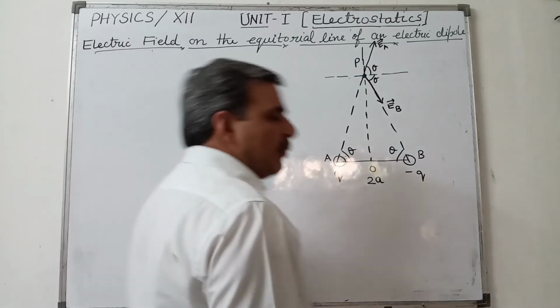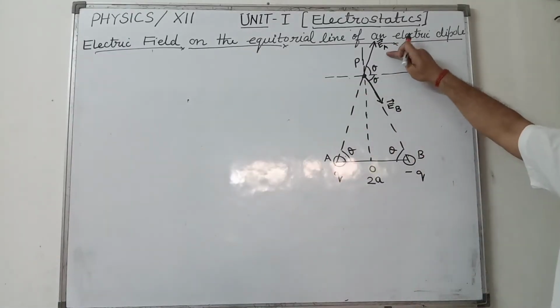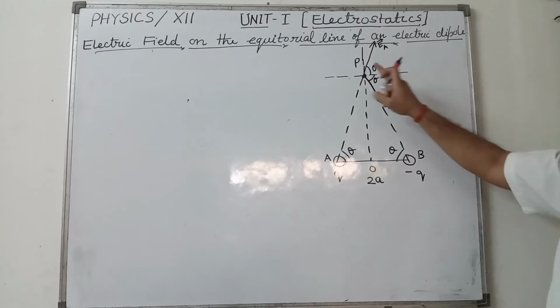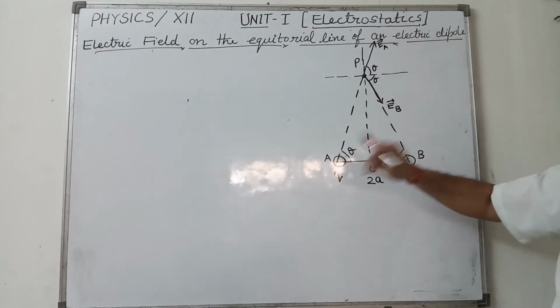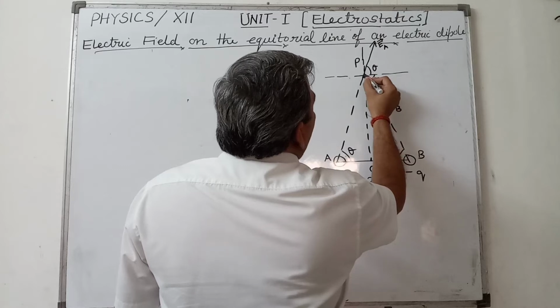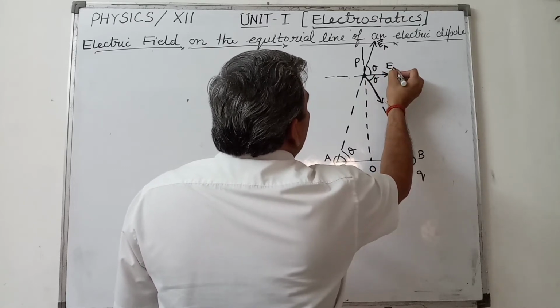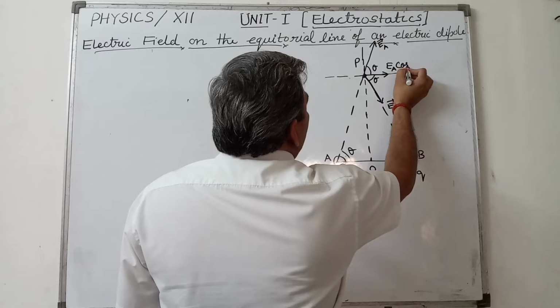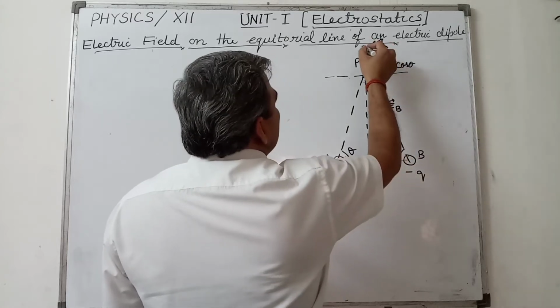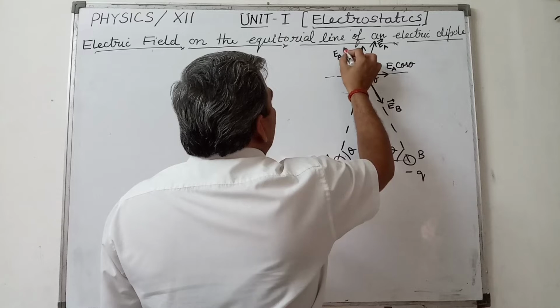Now, if you take the components of this electric field EA and EB along horizontal and vertical, what do we have? Just look at this. The component of EA along the horizontal direction is EA cos theta. You already know how to break the components, and this is EA sin theta.